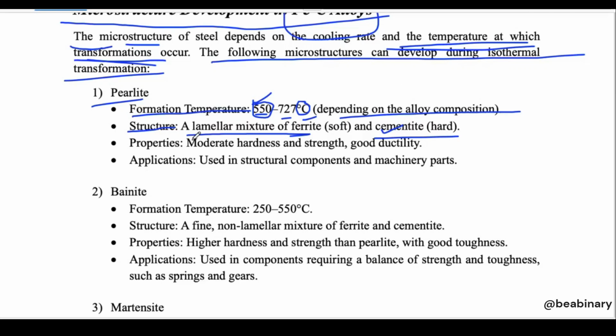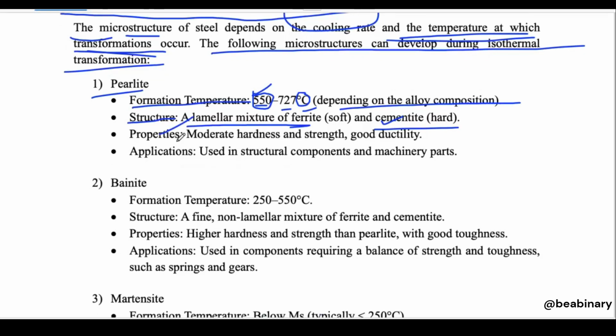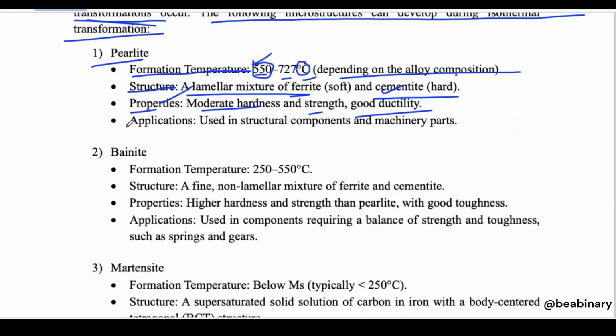That is the laminar mixture. As for properties, moderate hardness and strength, and very good ductility. Applications are structures, components, and machinery parts.